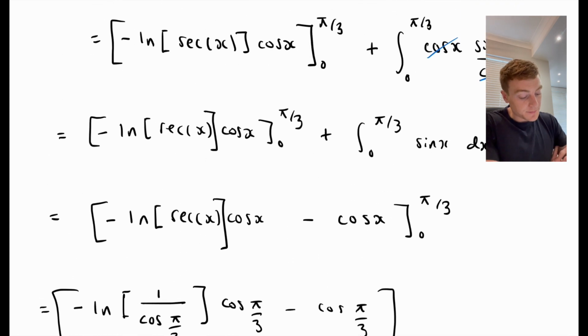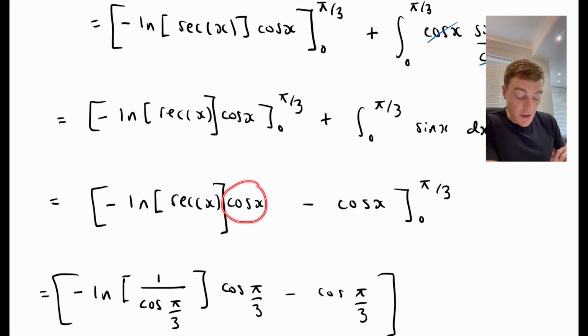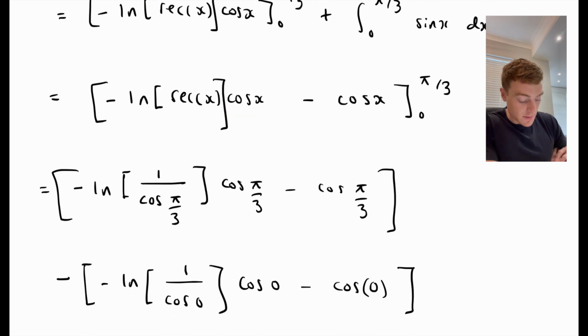Just to be clear, originally we had ln of sec of x, so the sec of x was inside the ln function, and we rewrote that here. So this is all being multiplied by cos x. I just miswrote with my square bracket.